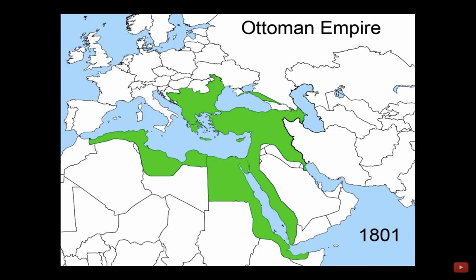We're not going to be touching on all these areas of land that they've lost and regained. Keep paying attention to the time as we get closer and closer to World War I.